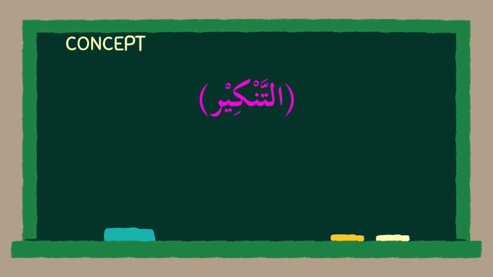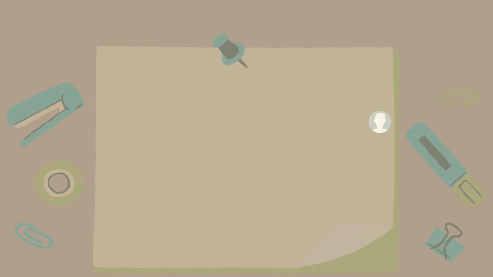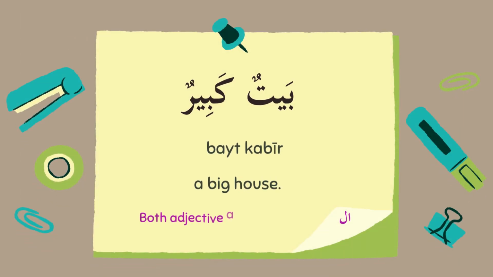The last concept that we're going to learn is indefiniteness. Let's look at the example. Earlier, we were talking about definiteness, something that is specific. But now, we're going to look at indefiniteness, meaning we are talking about something that is not specific. It is any one thing and it is very general. So, let's look at the sentence. A big house.